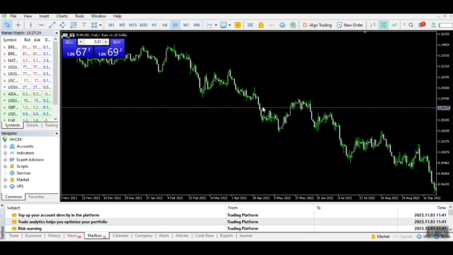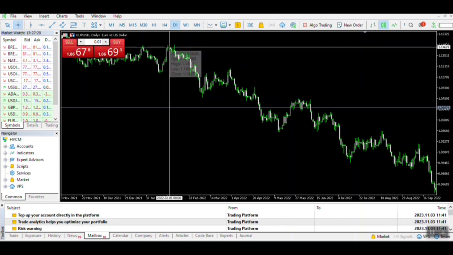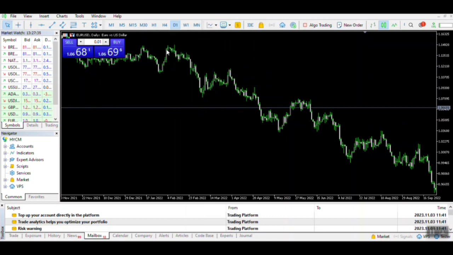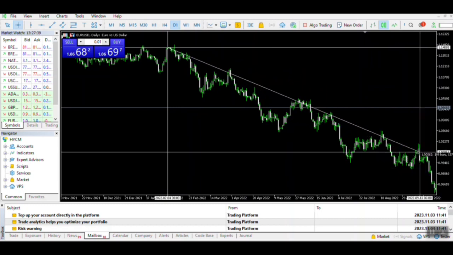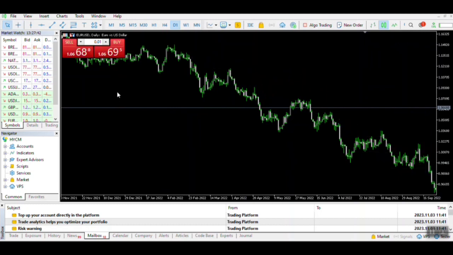Here we have a very major downward trend. Euro USD has been in a downward trend for about 7 months. If you were able to get into this position and start taking profit in maybe the first 5 months, you would still profit very big.